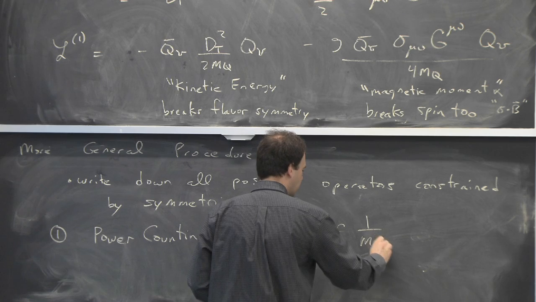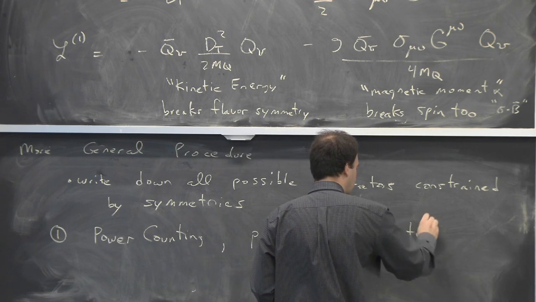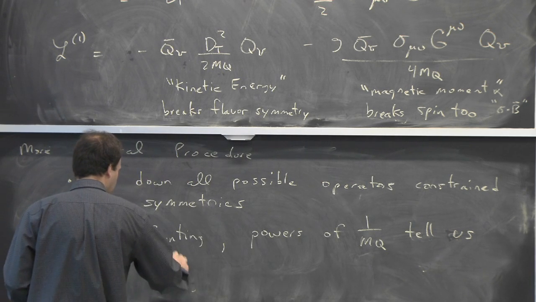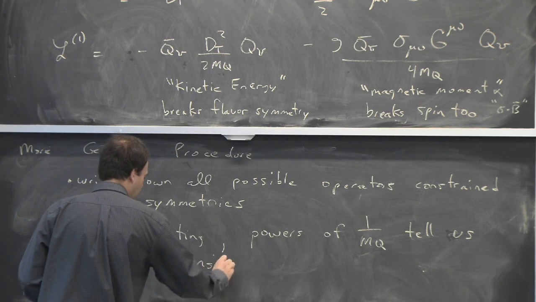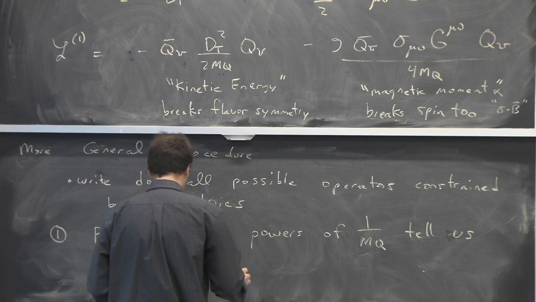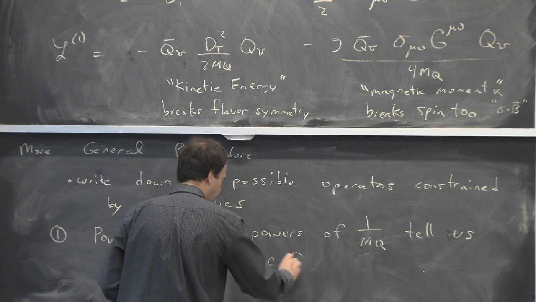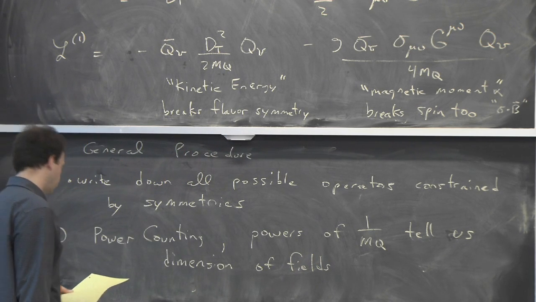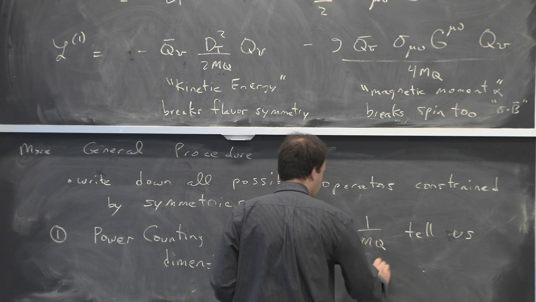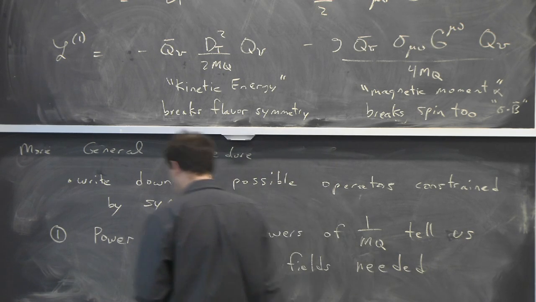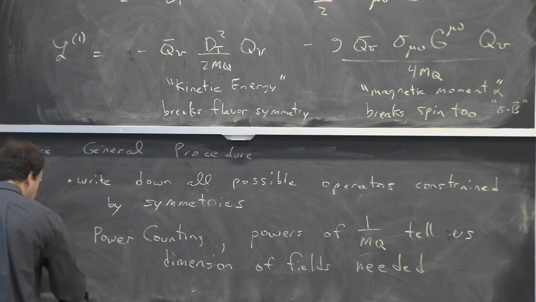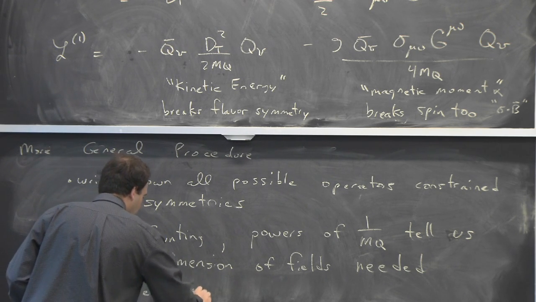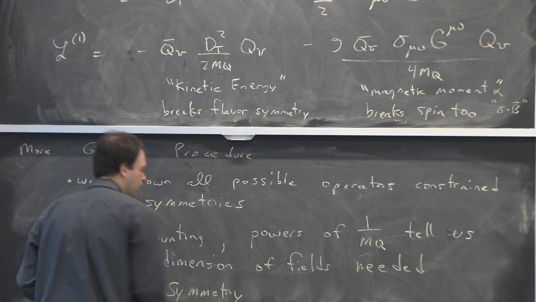And they just tell us what dimension of operator to look for. Just as in our integrating out heavy particles. So we just know the dimension of the fields that we have to put in the numerator from how many M_Qs we're talking about. There's gauge symmetry, of course, so use covariant derivatives. Very easy to take into account.